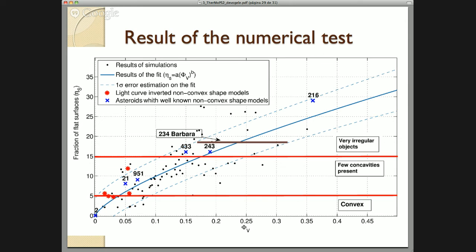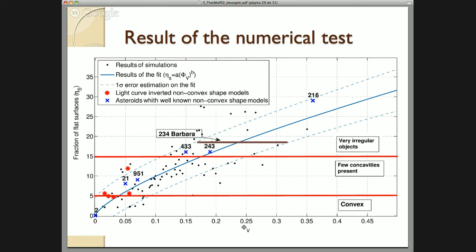still exists in the case of real asteroids, if our simulations produce asteroid-like shapes, we also computed the location on this graph for asteroids with well-known non-convex shapes, like Eros and Cleopatra here.